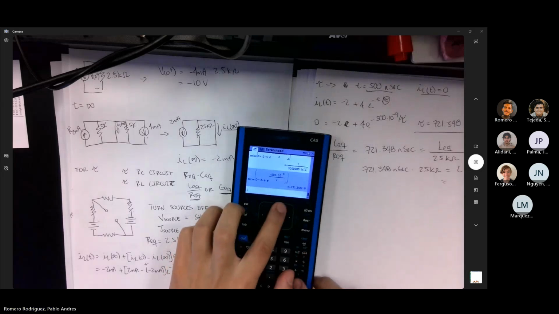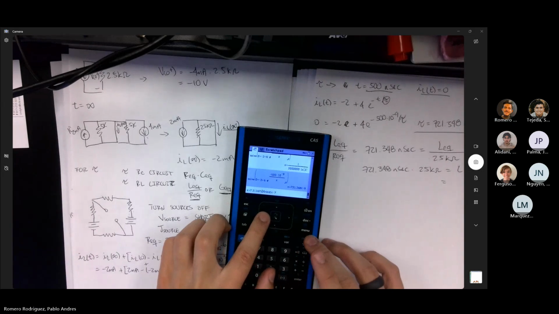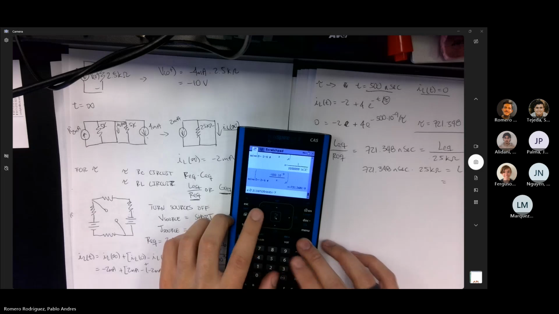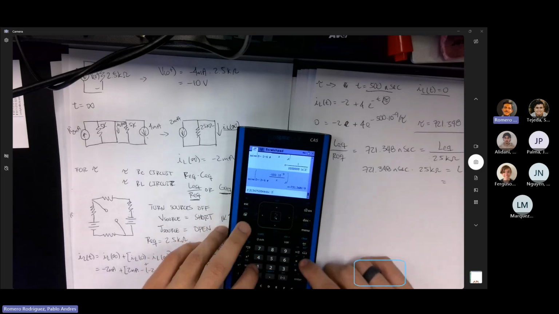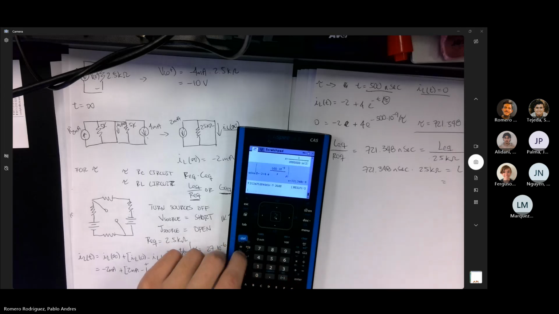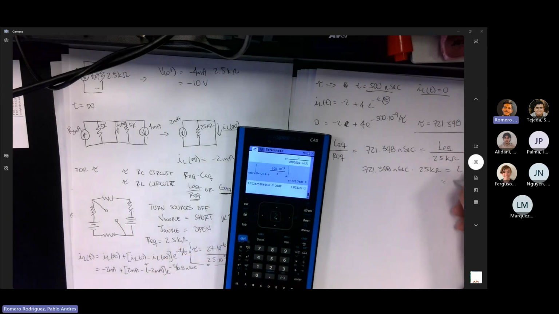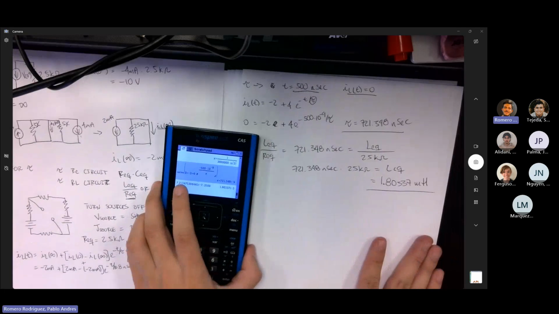So this guy, multiply that by 2,500. It gives you an inductance value of 1.80337 millihenries. Oop, you can't see that.